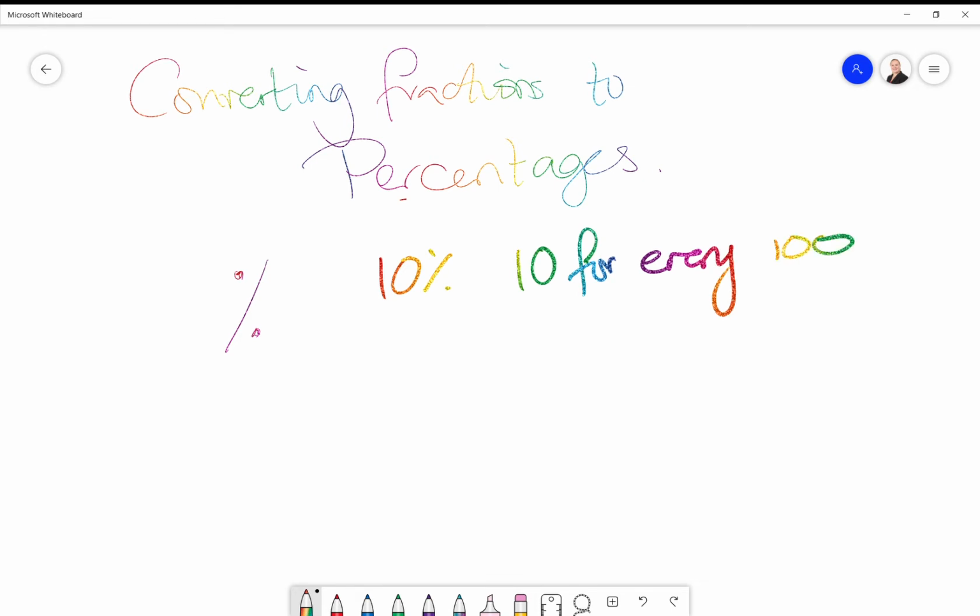So that means if I say 10% of people like radishes, that means if I got 100 people together, 10 would like radishes. Okay, so it's 10 out of 100.